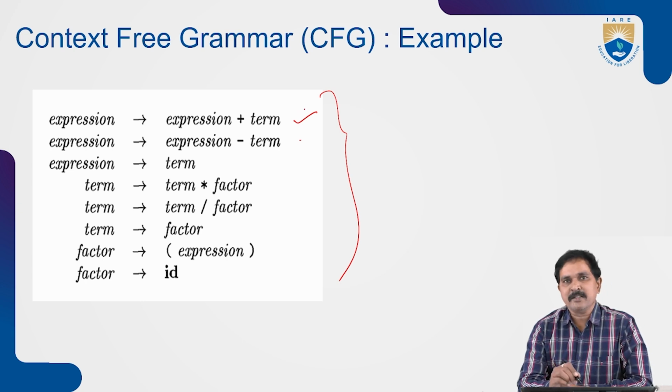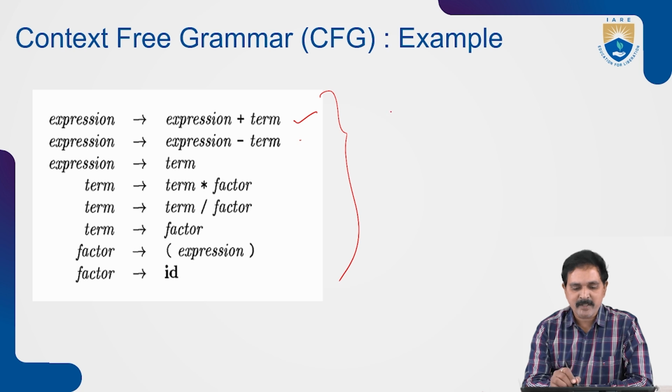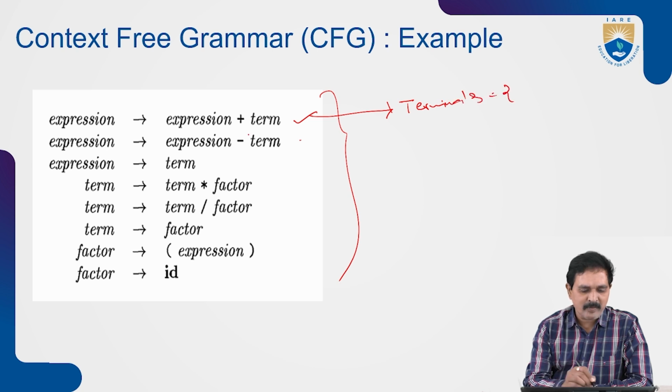The first production is: expression becomes expression plus term. Here, what are the terminals and the non-terminals? In this case, I should classify them. What are the terminals in this production? The terminal is only the symbol plus.